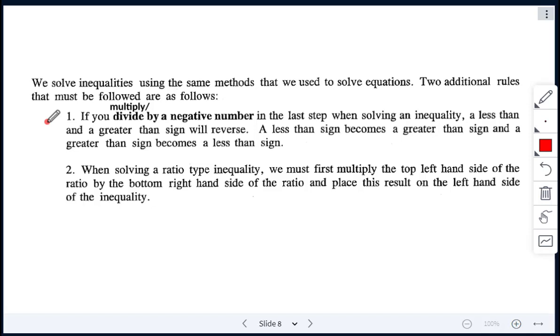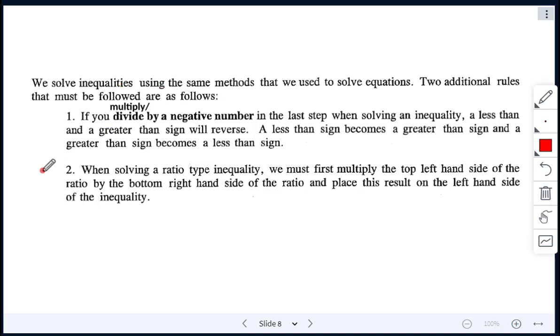So basically, if it was a less than sign, it's going to now become a greater than sign. If it was a greater than sign, it will become a less than sign. And that only happens if you multiply or divide by a negative number.